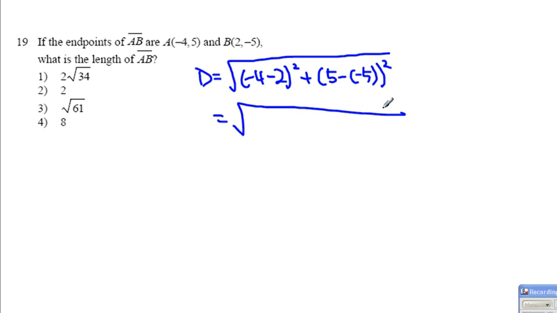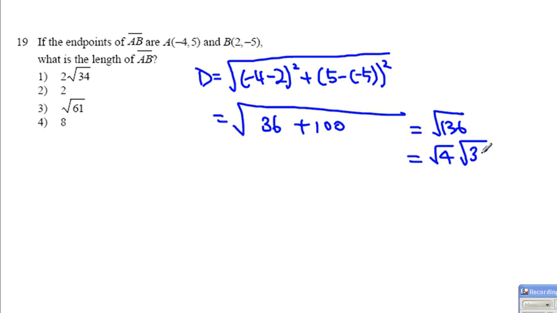Then here, this one is 6 squared, which is 36, plus 10 squared, which is 100. Therefore, this becomes the square root of 136. But in square root of 136, in fact, 4 goes into both. Square root of 4, and then this one becomes 34, which ends up being 2 square root of 34. That becomes our final answer right here.